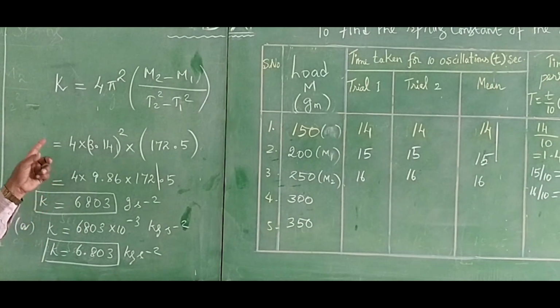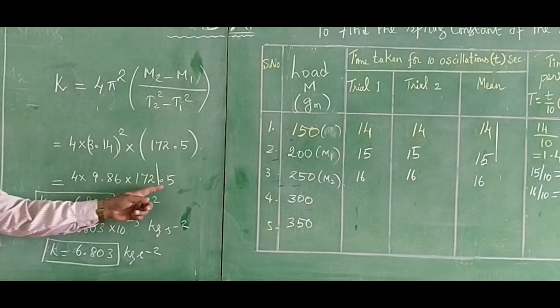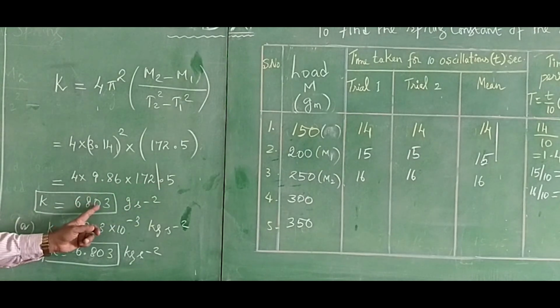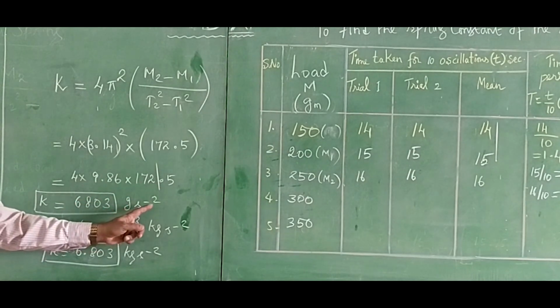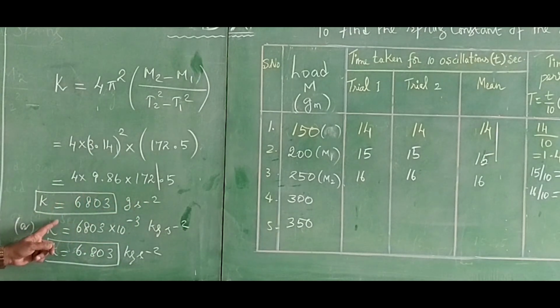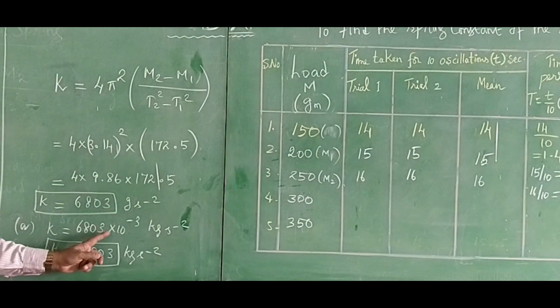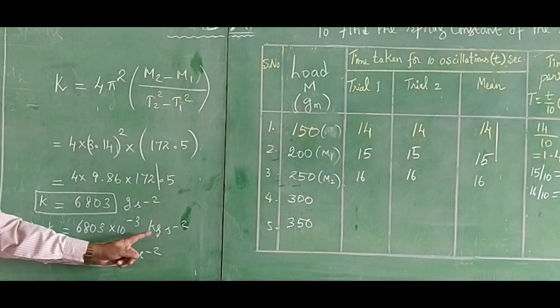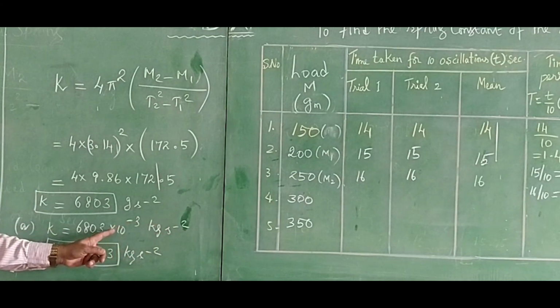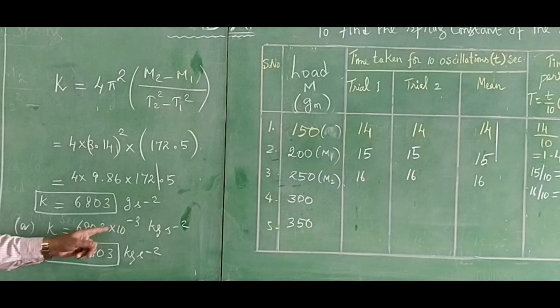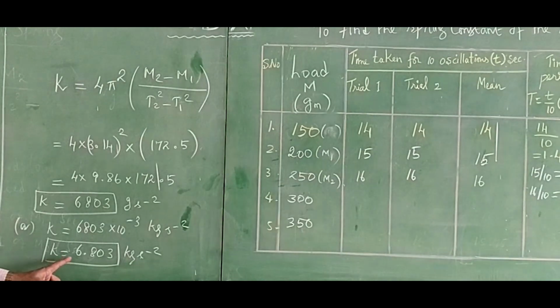So the K value obtained after multiplication is 6,803 gram per second square, which can be written in SI unit as 6,803 times 10 power minus 3 kilogram per second square. And finally we got spring constant K is equal to 6.803 kilogram per second square. This result is to be taken at the end of this experiment, the spring constant value. Okay, thank you.